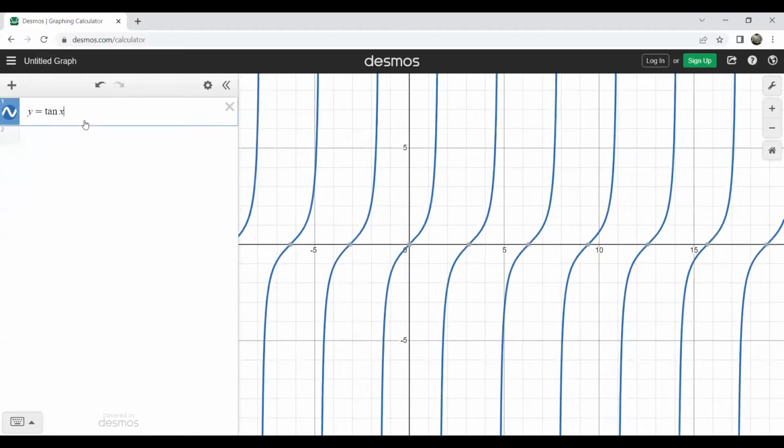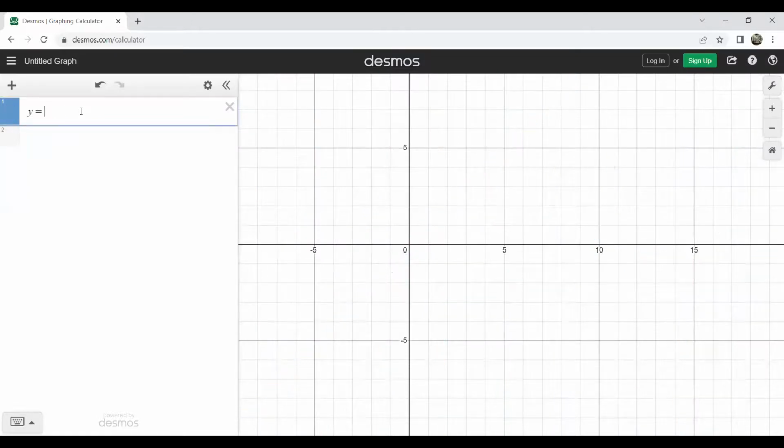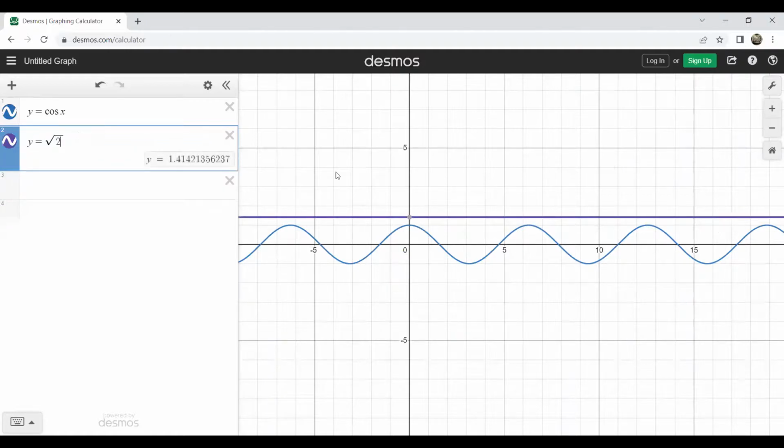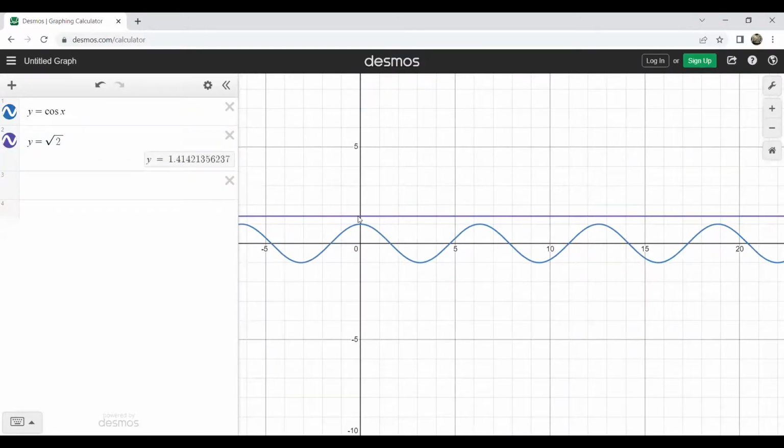So suppose you have your cosine function and the second line, y equals square root of 2. Do you see an intersection between these two? Is there any intersection between cosine function and this horizontal line? No, this horizontal line is above cosine. There is no solution. There is no x value.